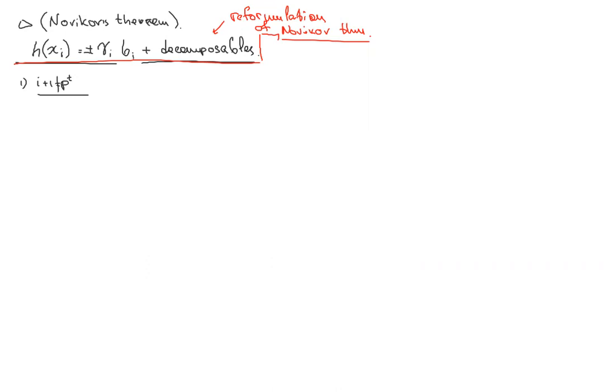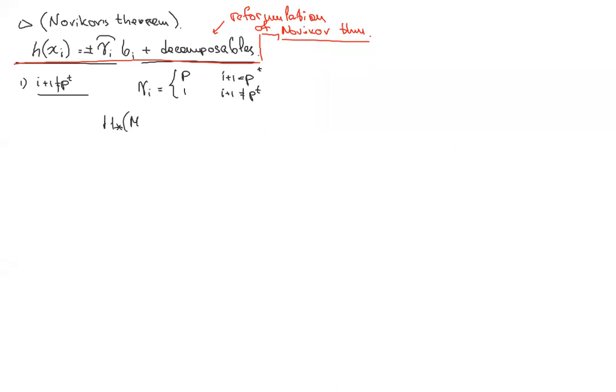Еще раз, гамма_i, b_i, это что такое? Гамма_i это коэффициент, который 1 или p в зависимости от i. Просто коэффициент, ага. А b_i это кто у нас? Let me just write.